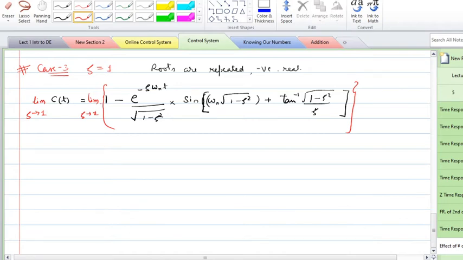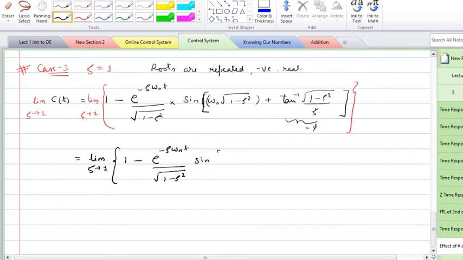Now again we know that this factor is equal to phi, so we can write C of t is equal to limit zeta tends to 1 of 1 minus e raised to power minus zeta omega n t divided by under root 1 minus zeta square sine of omega n under root 1 minus zeta square t plus phi.